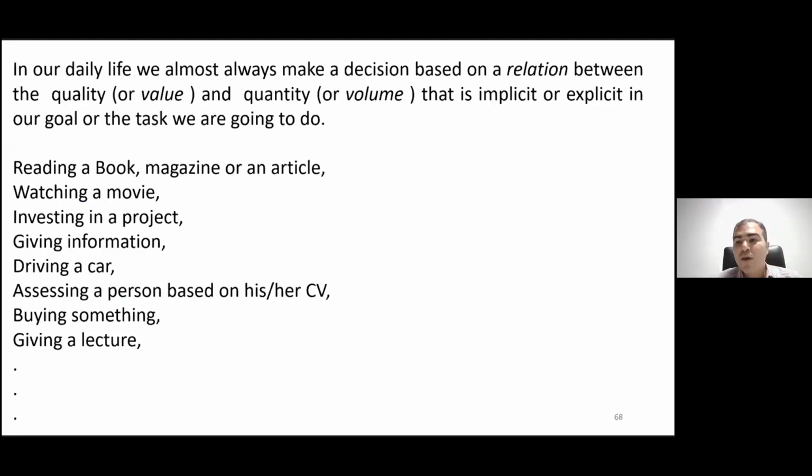For example, the volume of a book, magazine, or an article is read based on its value. We read the volume of the pages of the book as much as the value of the book or the information included in the book. The amount or volume of budget that is invested in a project is related to the value of the project, and so forth.